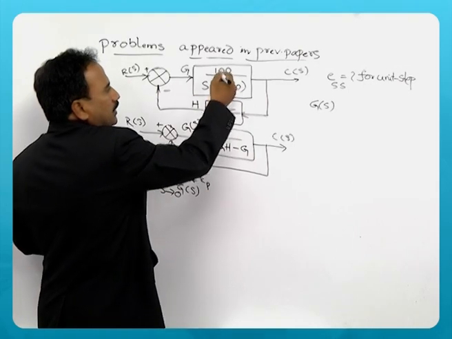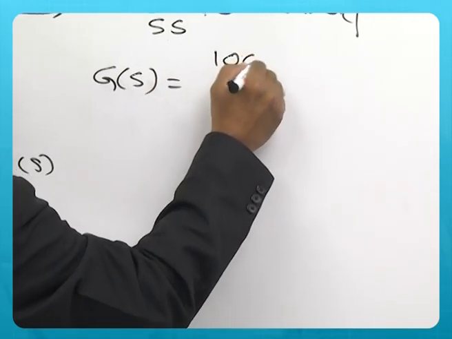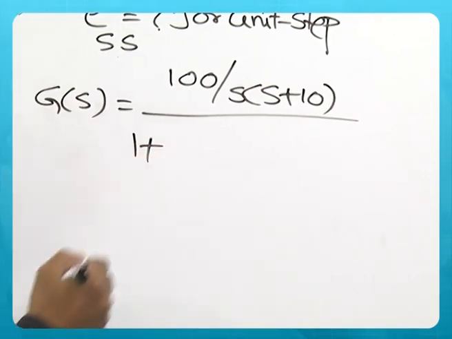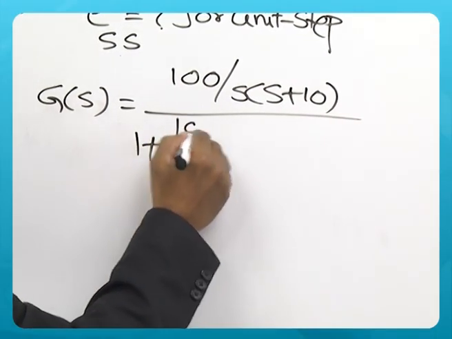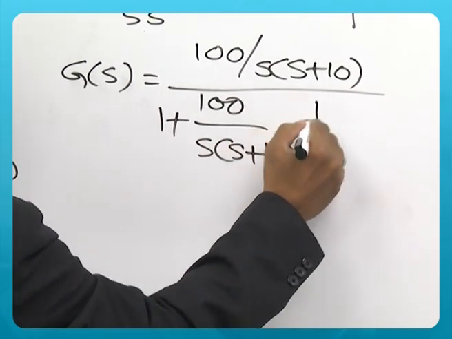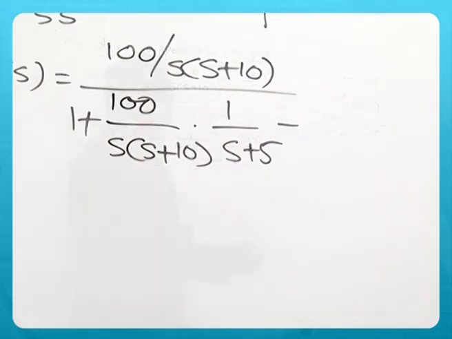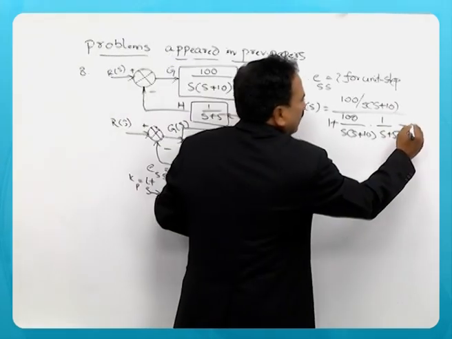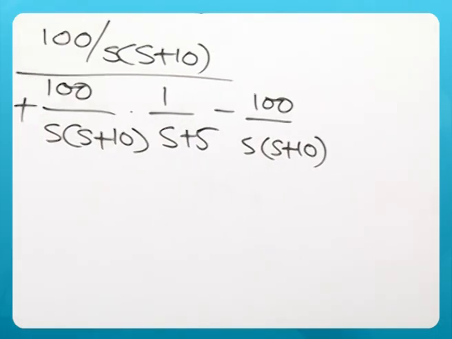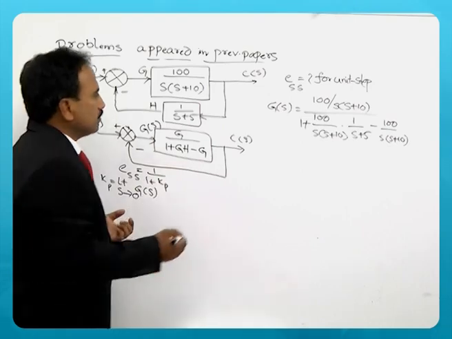You consider this as G and this as H. So it is given by G means 100 by s into s plus 10 by 1 plus G, again 100 by s into s plus 10 into H, which is 1 by s plus 5, minus G, again that G is 100 by s into s plus 10. So this is the way you should evolve G of s for unity feedback system.